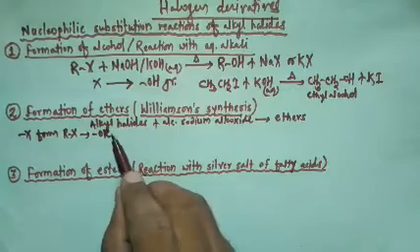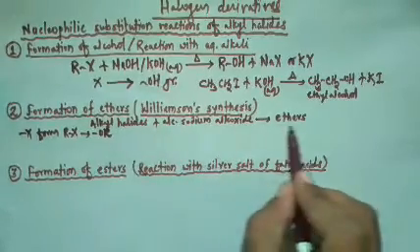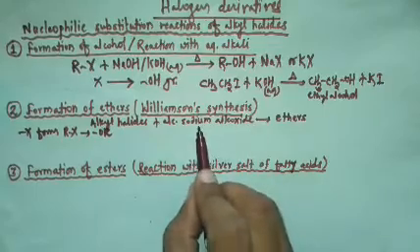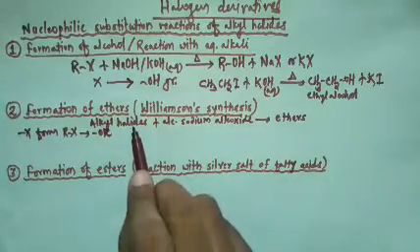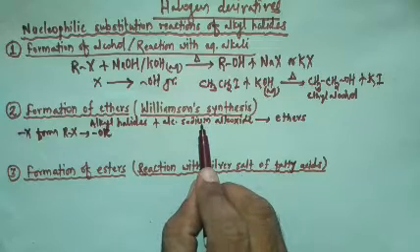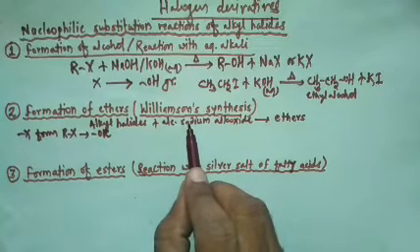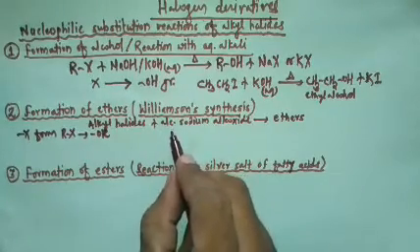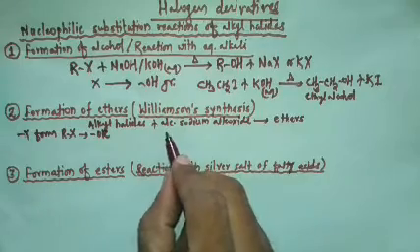So to prepare ether, it is necessary to react alkyl halide with alcoholic sodium alkoxide. Sodium alkoxide can be prepared by the action of sodium on alcohol.